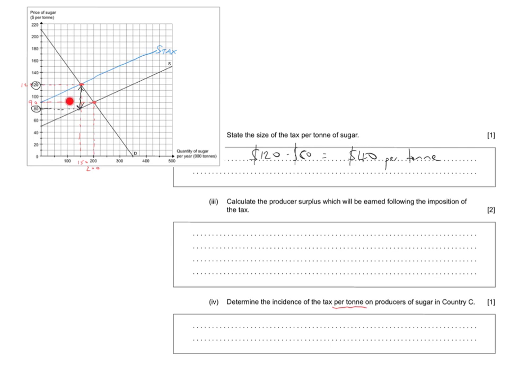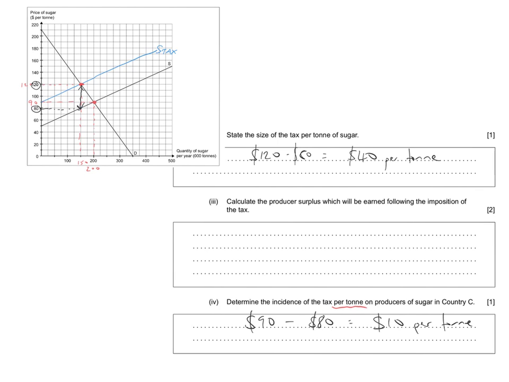So the total producer incidence would be the area there, but we're asked per tonne, so we don't need to times it by the quantity, we're just looking for this vertical distance between 90 and 80. So our answer there is $90 minus $80, so the incidence on the producers per tonne is $10.